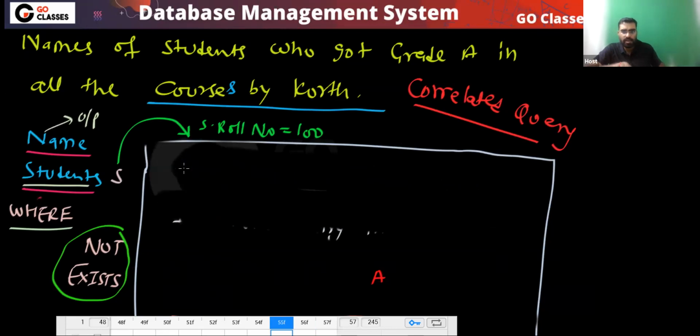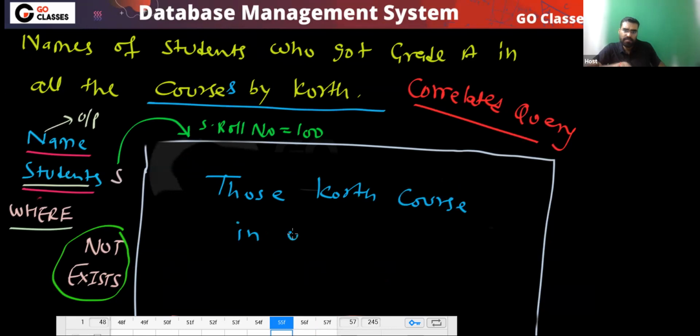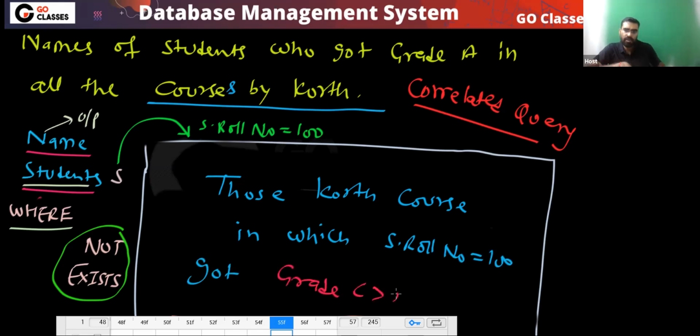What is our purpose in this box? Our purpose is those courses in which this s dot roll number got grade not equal to A, right?